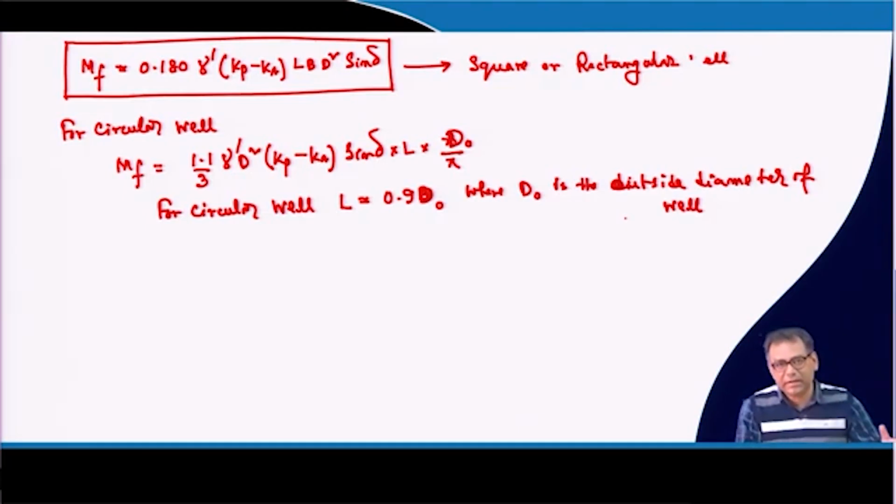In the previous cases, in Terzaghi's analysis also, we considered L equal to the diameter of the well if it is a circular well.